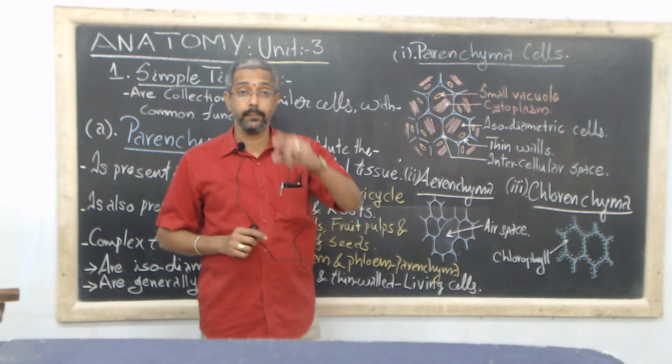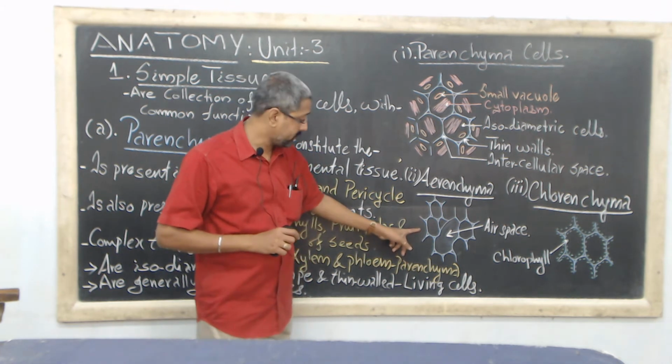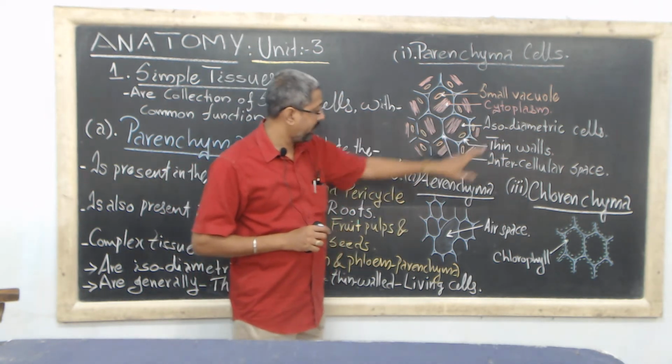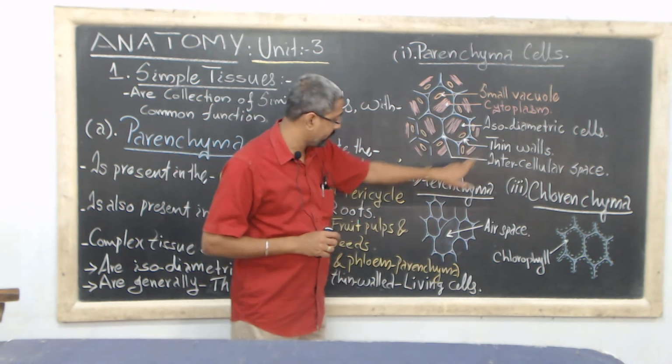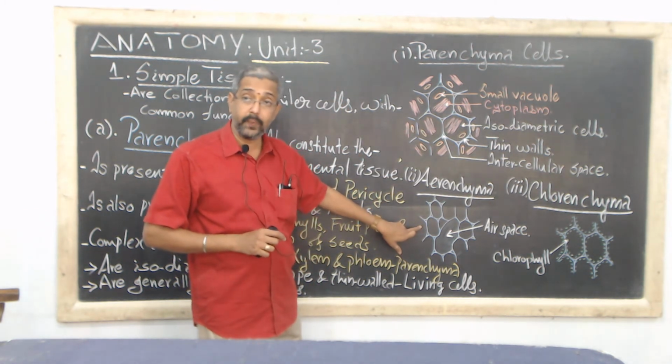And the second type is what? It is called parenchyma. Here in this diagram you can see these are also isodiametric cells, thin walled, and they may also show intercellular spaces.